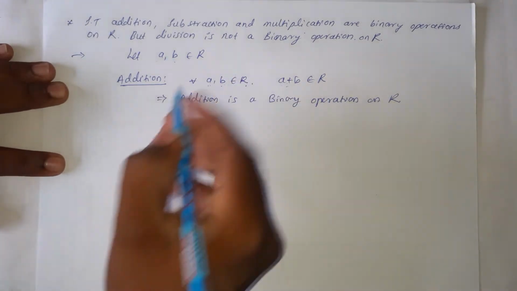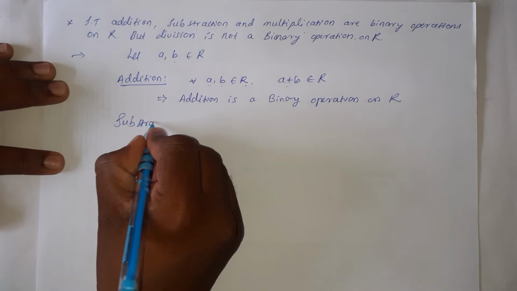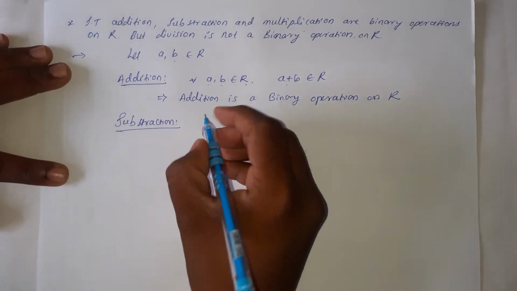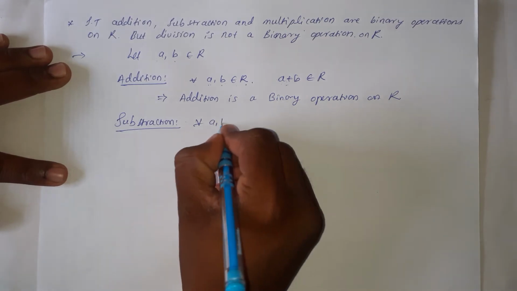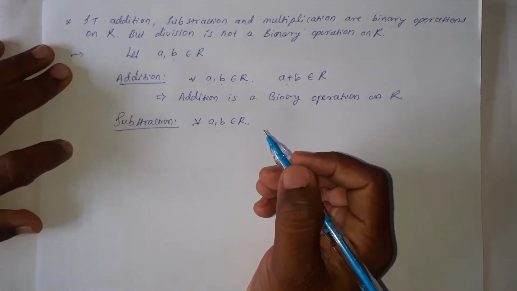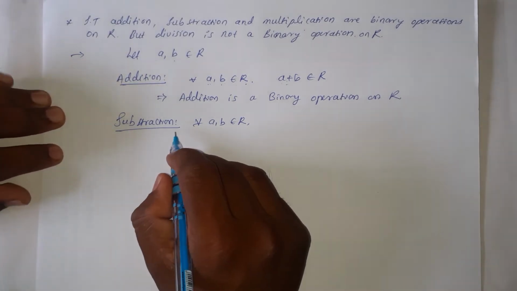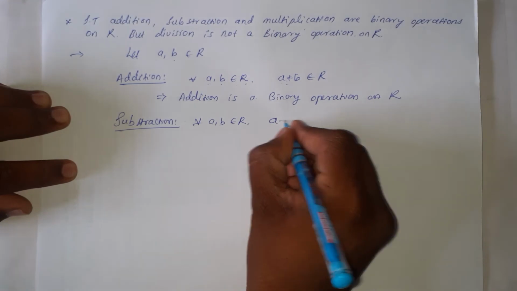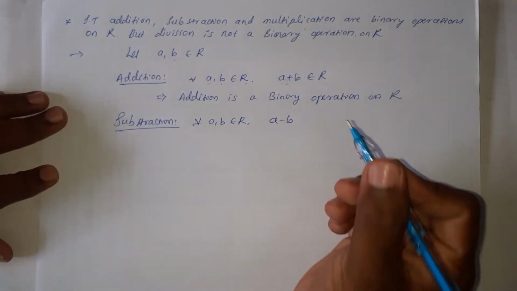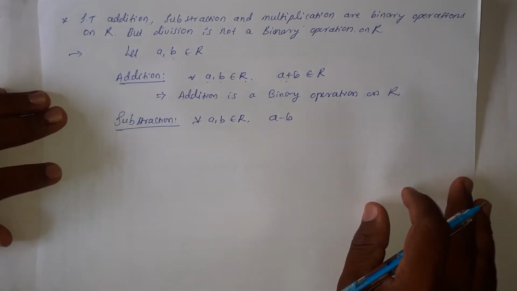Then the next operation is subtraction. For all a, b belongs to R, let us consider the two real numbers a and b. Here the binary operation is subtraction, that is a minus b. We know that the difference of any two real numbers is again a real number.